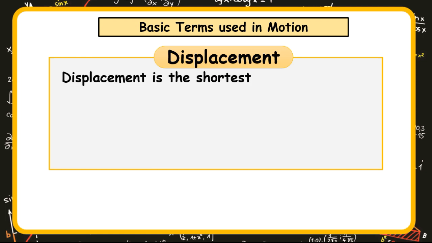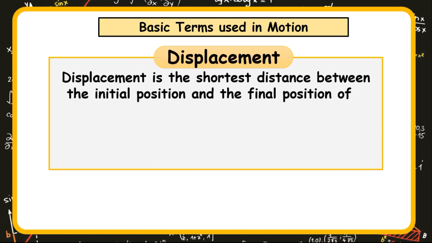So displacement simply means the shortest distance between an initial position and the final position of a body. So that distance, the magnitude of the path between where a body was initially and now where it is finally, is referred to as the displacement.